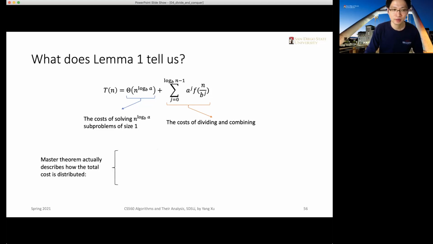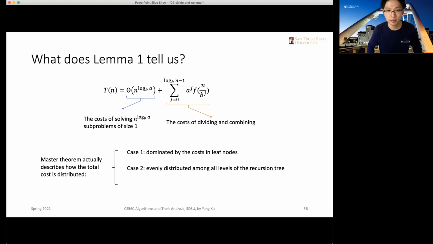All right, now we can think about the Master Theorem again. It essentially describes how the total cost is distributed among the nodes. Case 1 says that if f of n is a lower order function than the polynomial function, then all the cost is dominated by the cost in the leaf nodes at the bottom level.